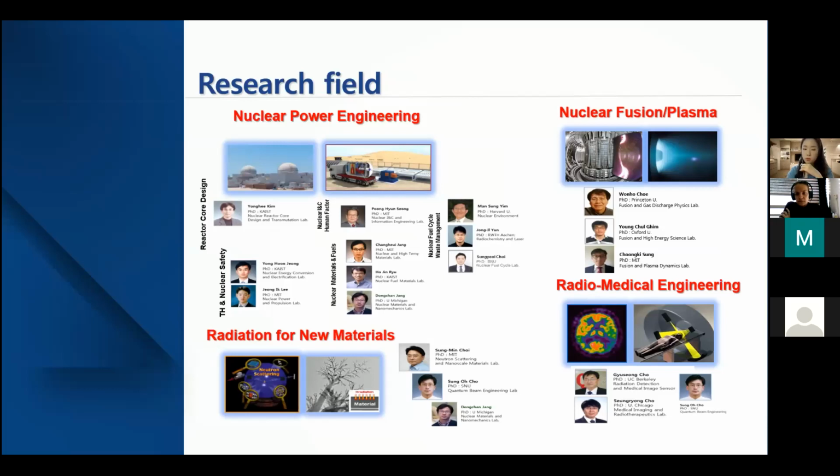We have 3 professors in radiation for new materials, and 3 professors for the medical imaging, medical engineering section. So if you're interested in these sections, then you may look into their websites and see what they are doing for their research now.